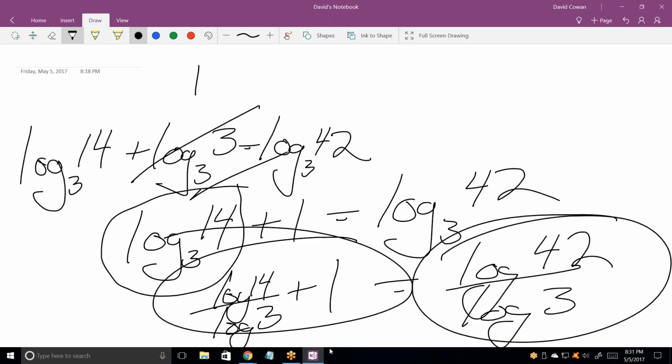And if you don't, I would recommend you reviewing the recording of this, so that you remember the rules of logs. Because you can't really do anything if you don't remember some basic rules of logs.